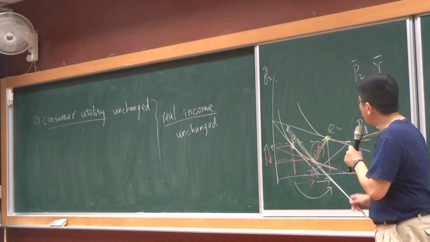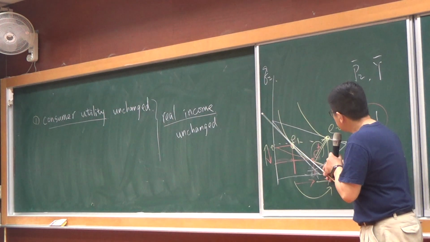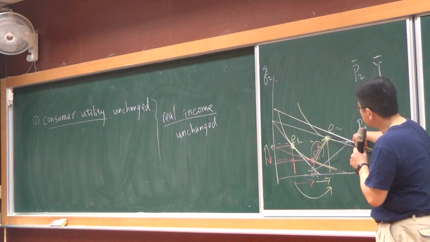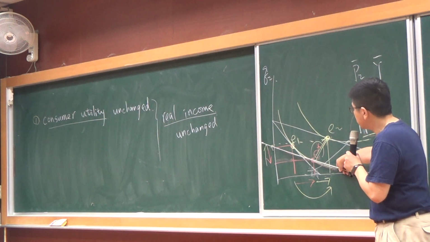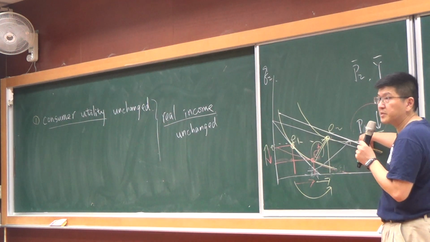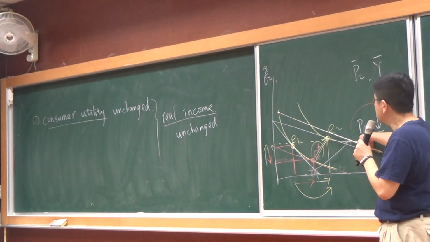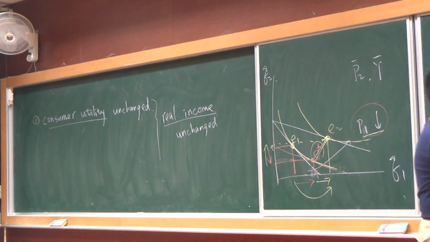And the reason why the income effect or the shift is outward here is that the real income increased. And here, from E star to E2, you see the real income decreased.